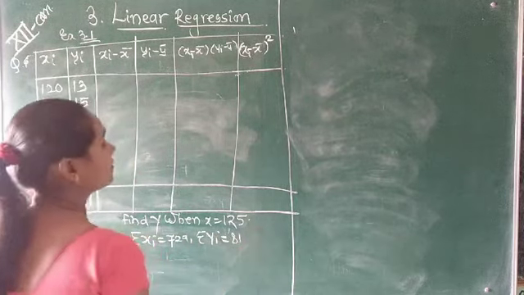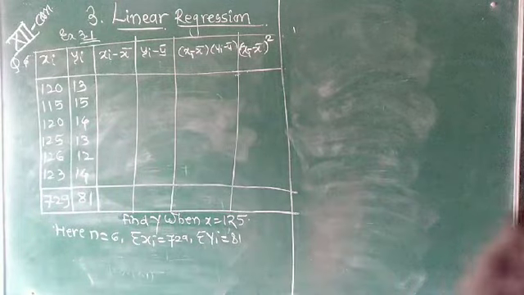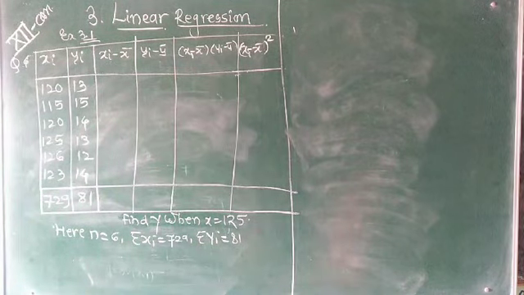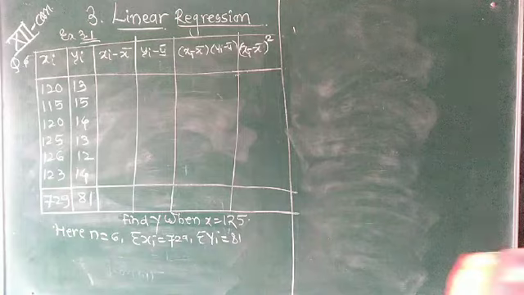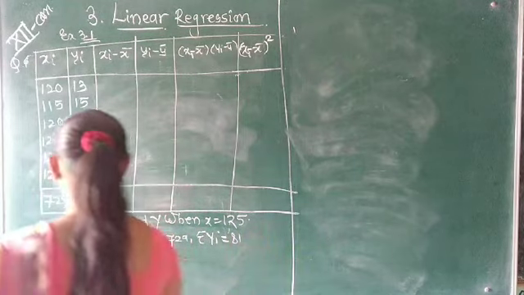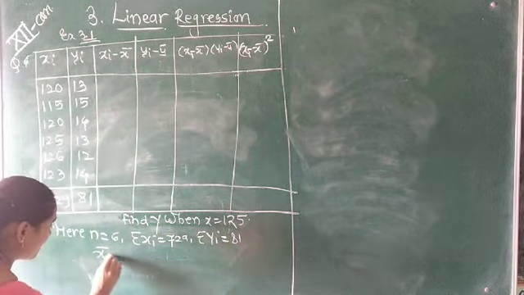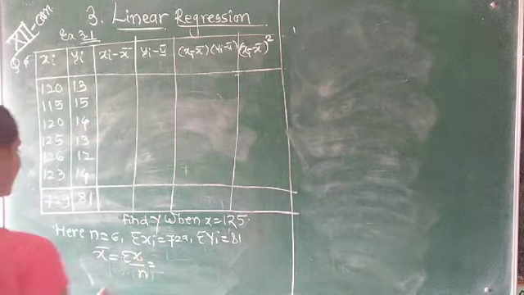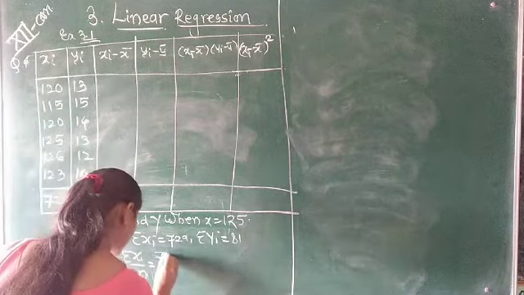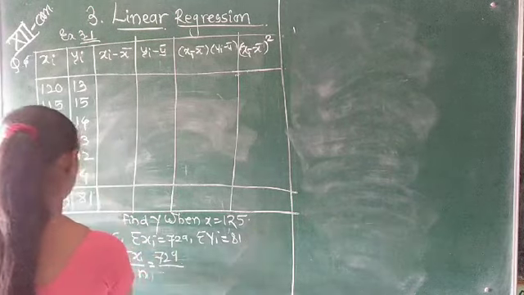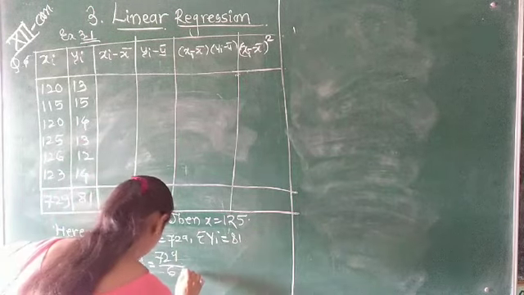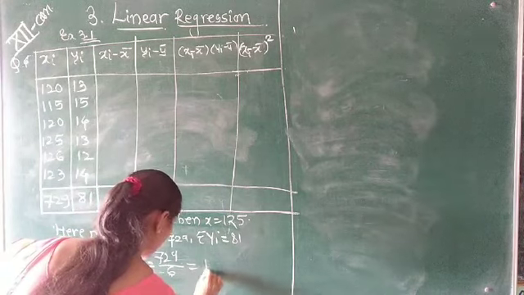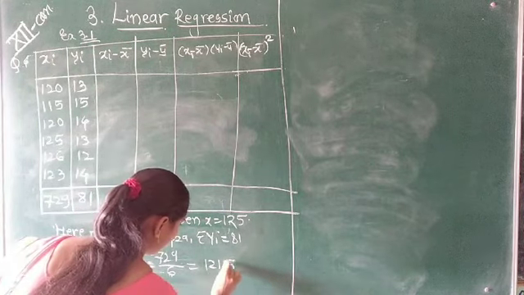So first we have to find the mean x bar and mean y bar. Mean x bar is equal to summation xi upon n. What is summation xi? That is 729 upon 6, that is 121.5.